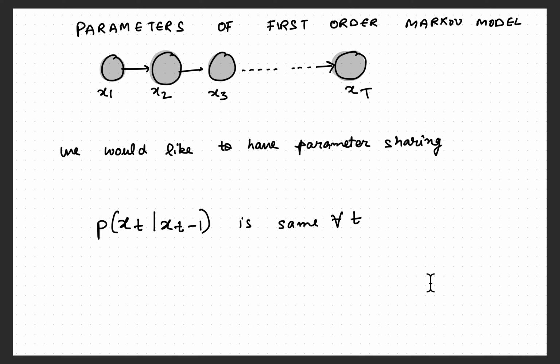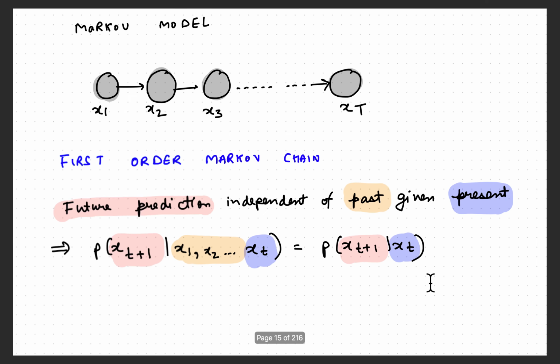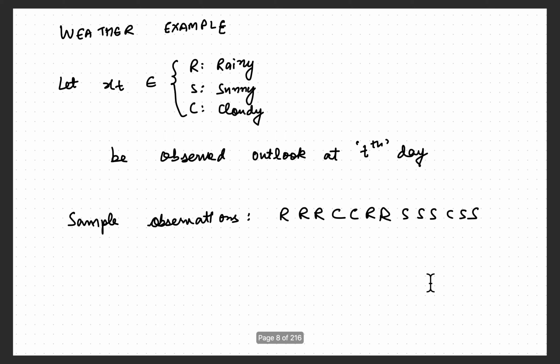Which also means that we'll want the probability of x of t given x of t minus 1 to be the same across all of the t's. Let's go back to this example of rainy and cloudy and sunny, right? So we have on the first day it is raining, on the second day it is raining.